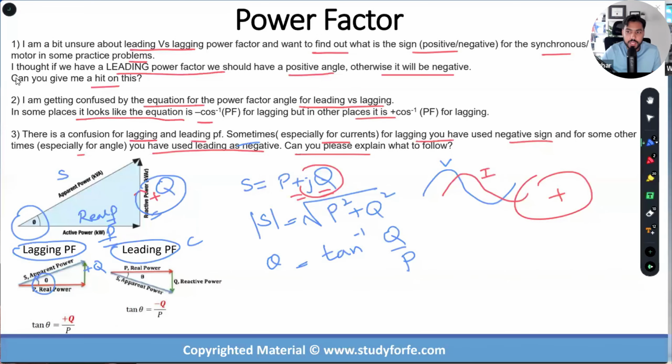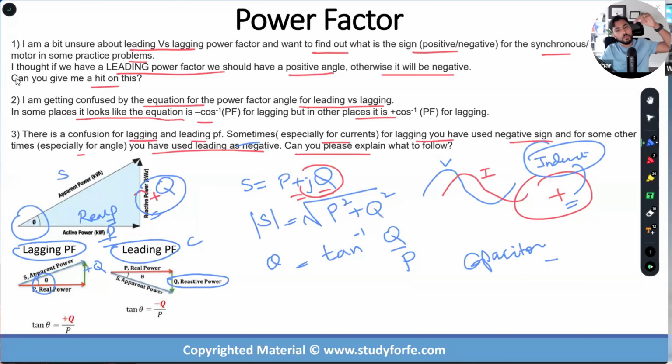And if inductor, and this is a convention, consuming reactive power has a positive polarity, then a capacitor generating reactive power should have a negative polarity. That's why Q reactive for a capacitor is pointing downwards. When the perpendicular points downwards, what happens to the angle theta? Negative.